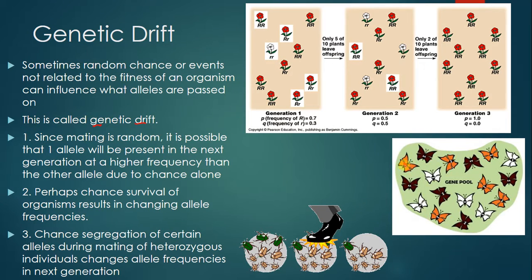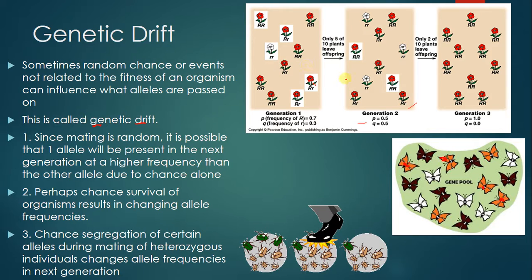this individual mating with this individual and having a light brown butterfly, and this individual mating with this other light brown individual and having another light brown butterfly. Or in this picture, when only these 5 flowers have offspring, the next generation is a lot more highly saturated with red flowers than the previous generation, just because they ended up mating together.